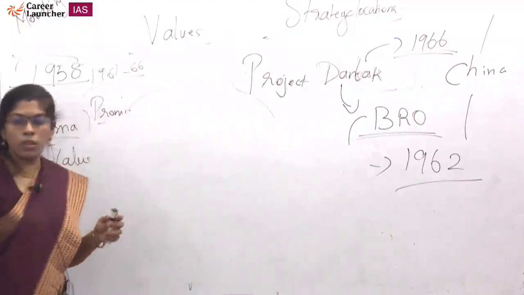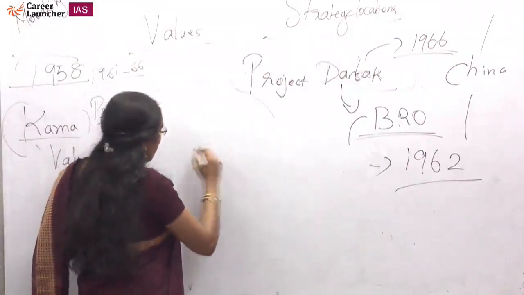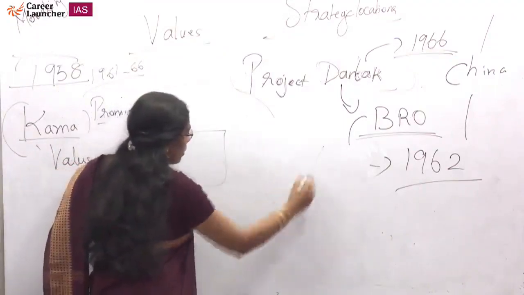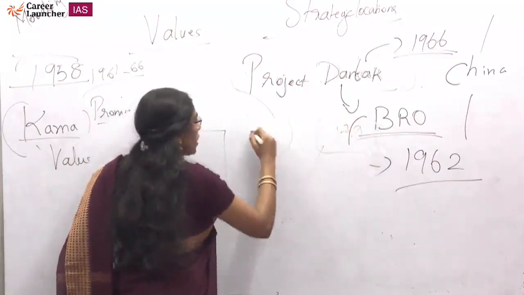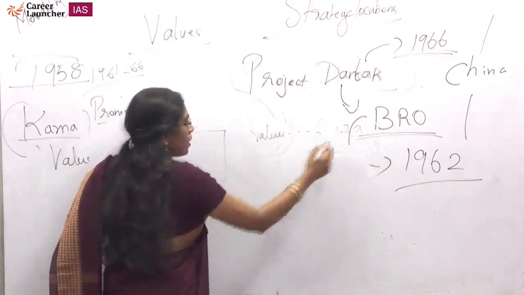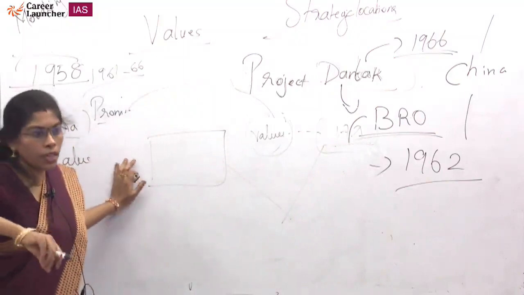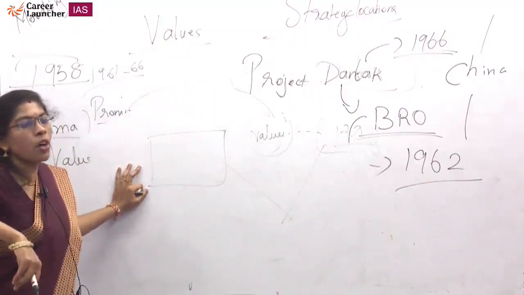If you flip back, I think we have drawn this. So whenever a human is going to act, he will be acting based on the value system he is holding inside him. Okay, those values will speak to you in the voice of conscience.